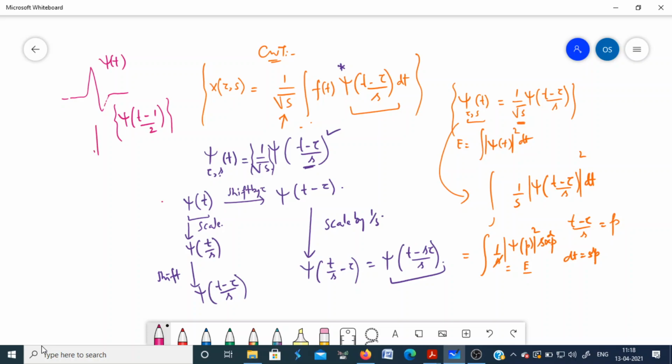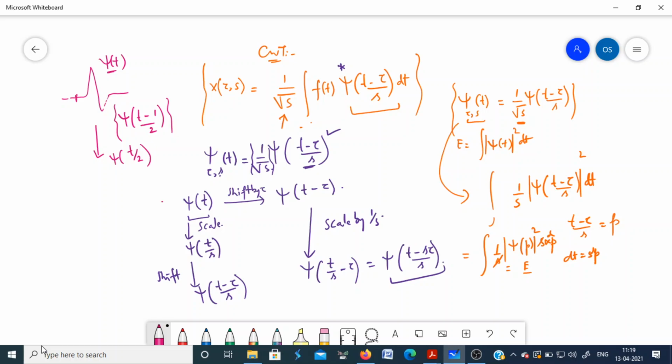So what you do, you first scale it by 2, so it becomes psi of t by 2. Now if you take psi of t by 2, how is it related to psi of t? It is basically expanded by a factor of 2.